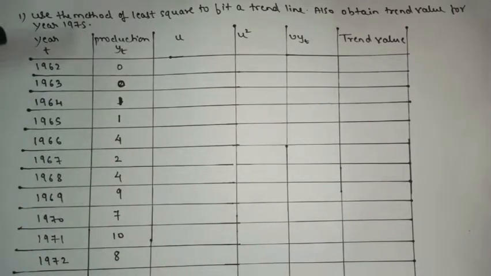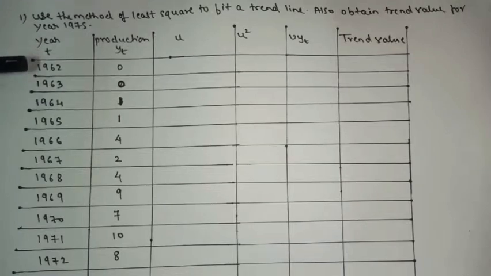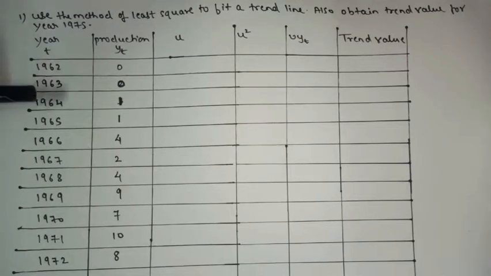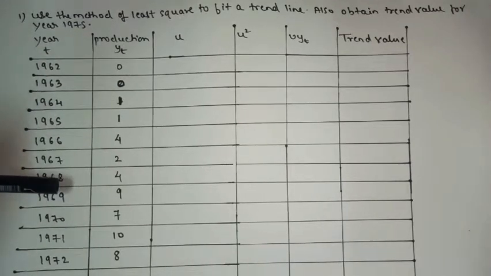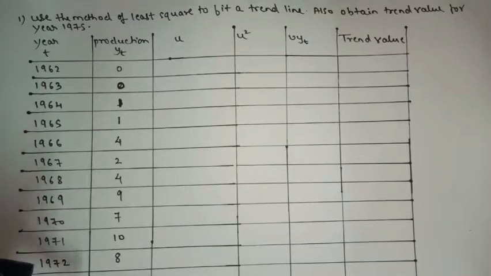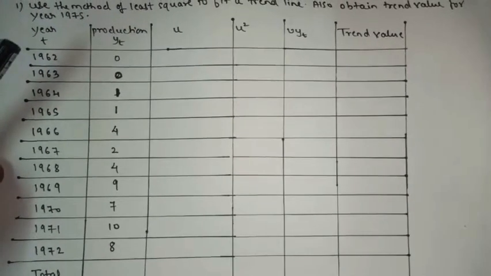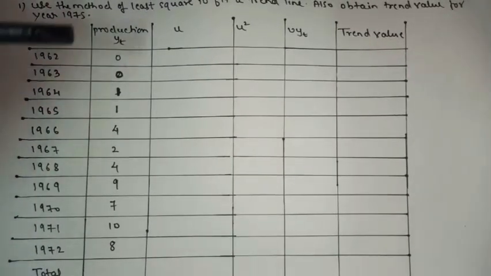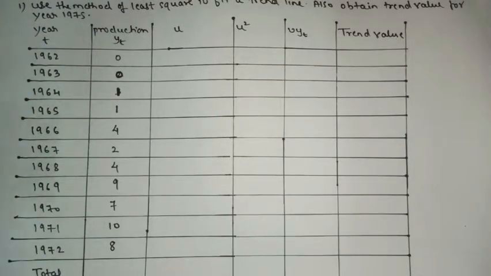Simply count the number of rows, that means years: 1, 2, 3, 4, 5, 6, 7, 8, 9, 10, 11. So here we have 11 years, and production also 11. Is 11 even or odd? It is odd.